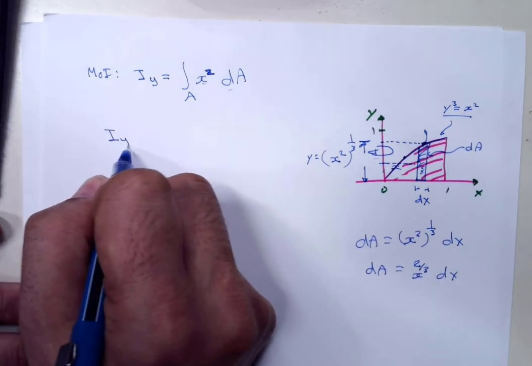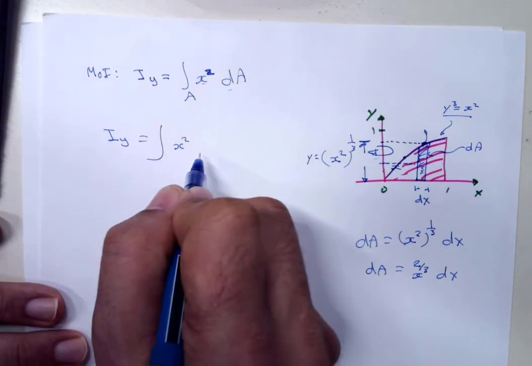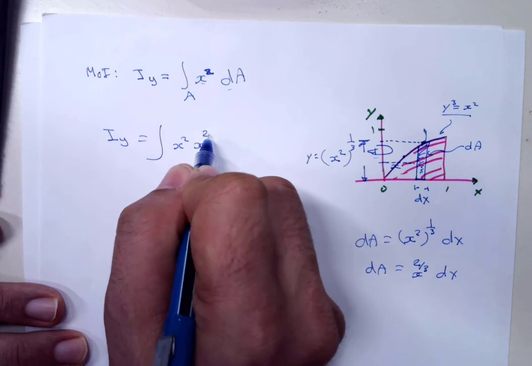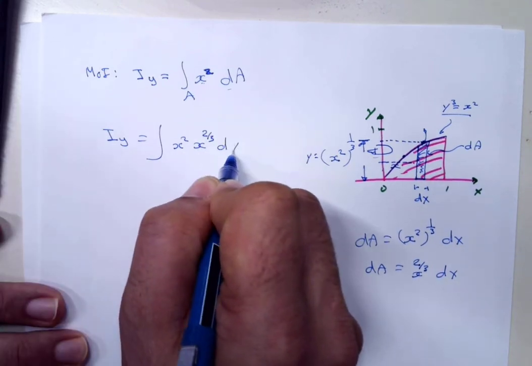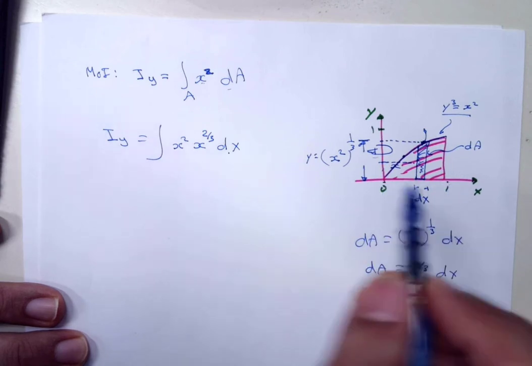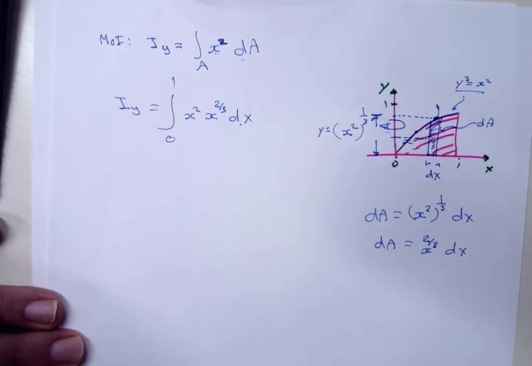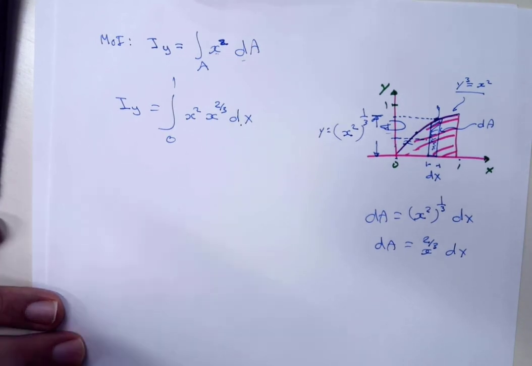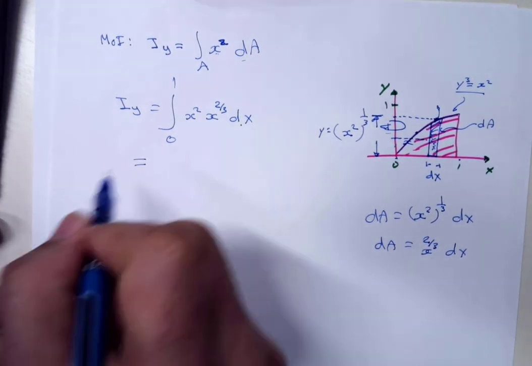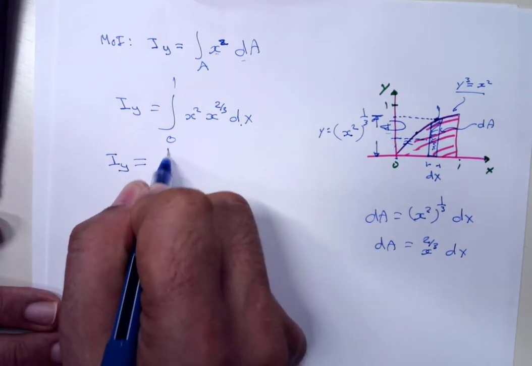So Iy equals x squared times x 2 over 3 dx, and the boundary is from 0 to 1, because it's dx. So that's it. I mean, if you get to this point, you are done. The rest is calculus. It's equal to 0 to 1.